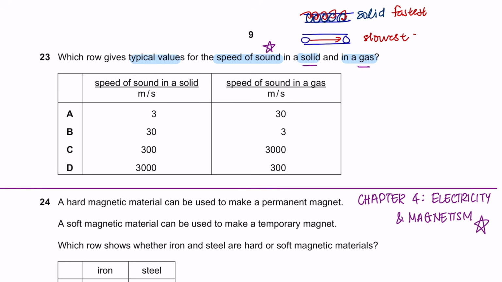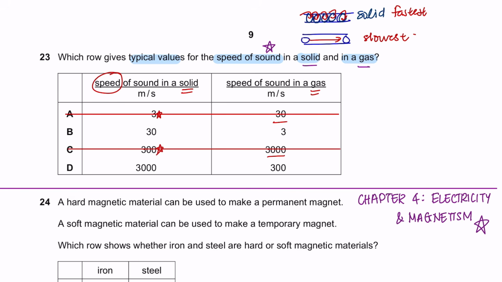So in our options, we are going to look for the speed in solid being larger than the speed of sound in gas. Between B and D, the right answer would be D, because the speed of sound in solid is a more accurate value, which is 3000 compared to 30. 30 is too low, so this can't be the speed of sound in solid, even though it is bigger than the speed of sound in gas.